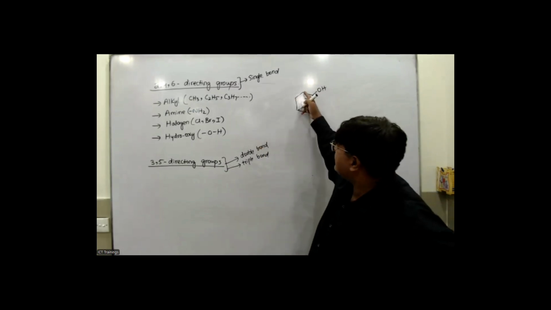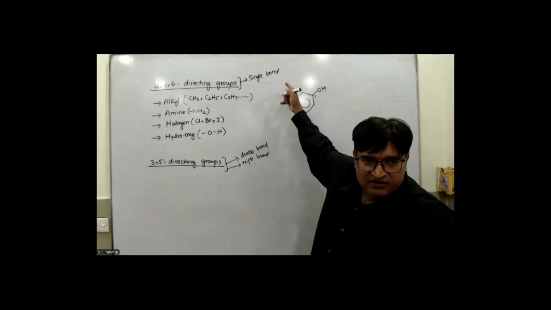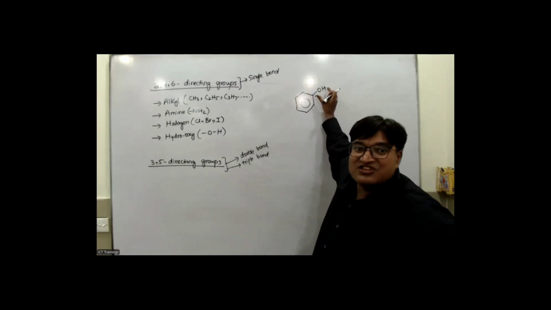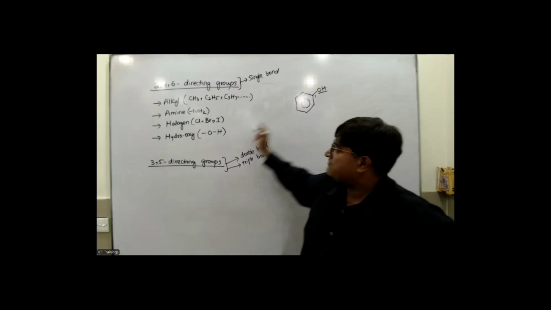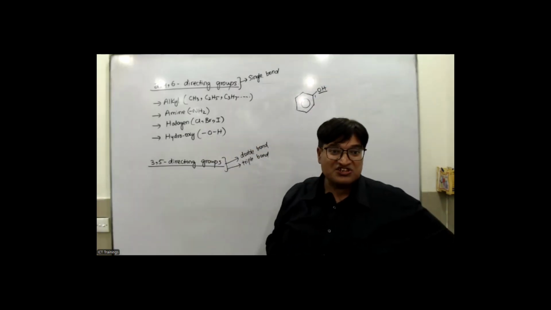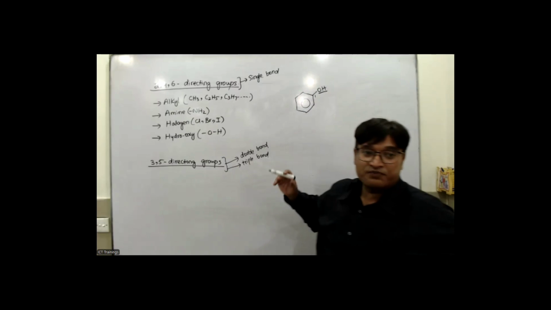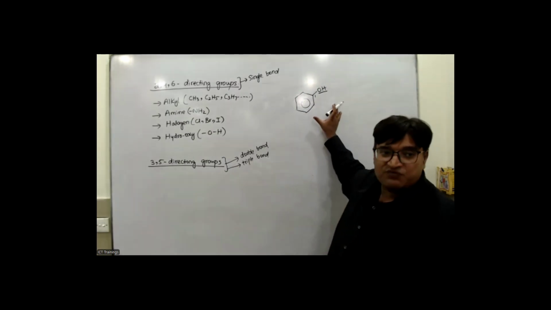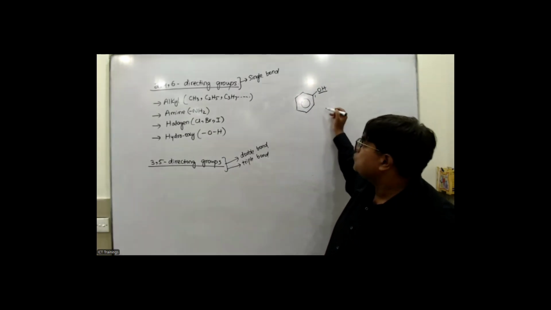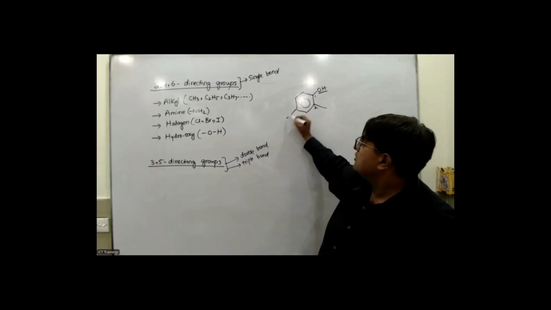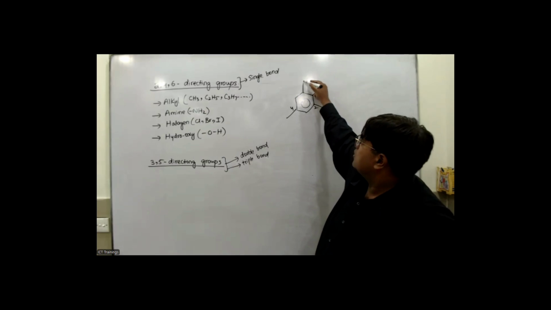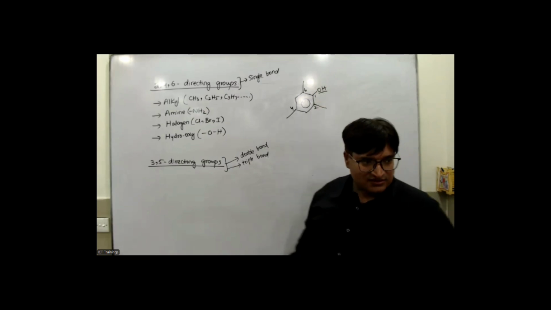It's not necessary that this is position 1; wherever the group is attached, that is the first position. Now this OH has a single bond, so this is a 2, 4, 6 directing group. It means if you react this with something else, the new upcoming group will be attached either on position 2, position 4, or position 6.